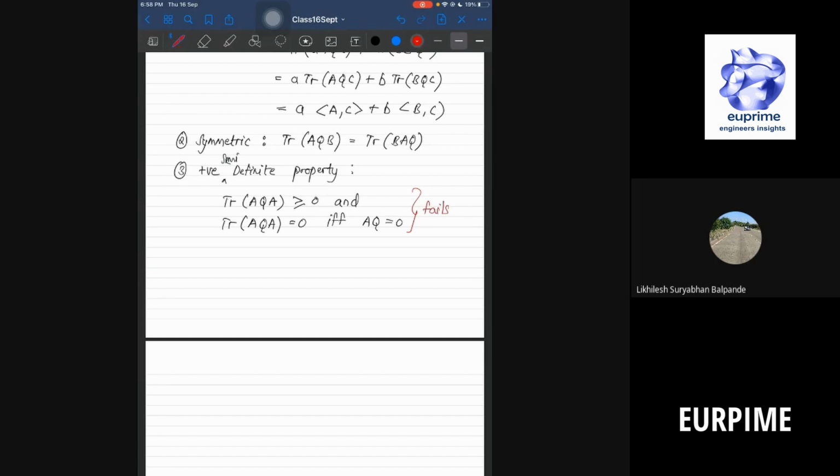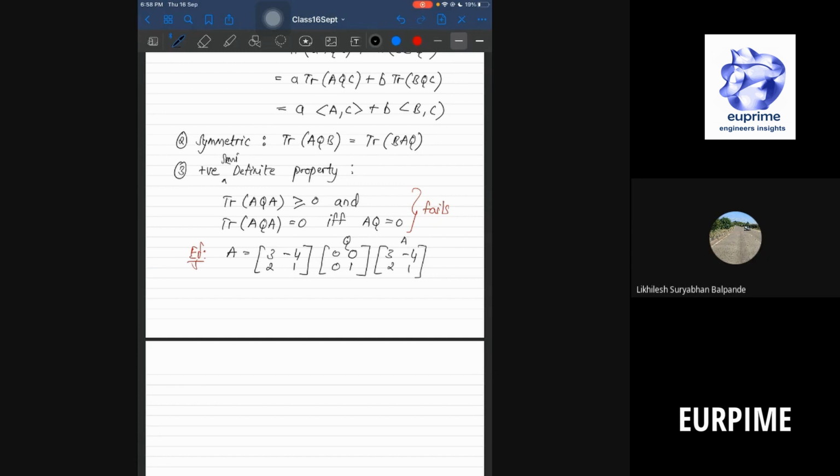So for example, let A be the matrix 3, minus 4, 2, 1, and let Q be the matrix 0 0 0 1, multiplied by 3, minus 4, 2, 1, which is nothing but A again.